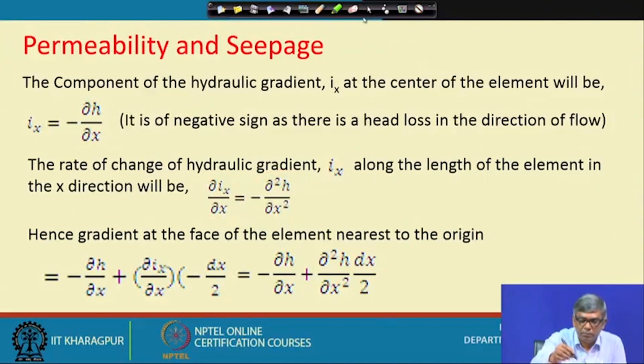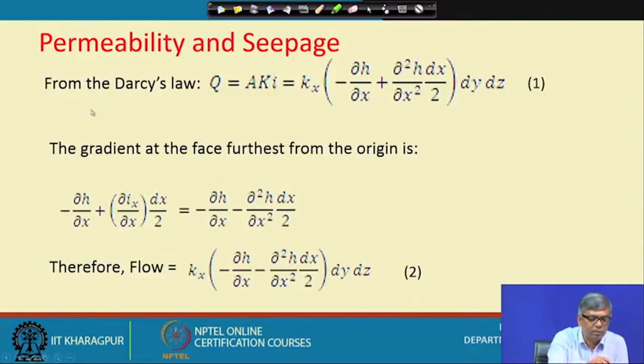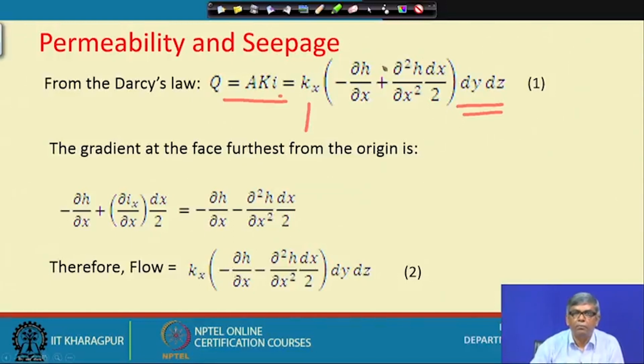Now similarly, from Darcy's law, q equals a k I, and when the flow is taking place in the x direction, the cross section is in y and z. So dy and dz is the area, k is there, and this is the I. So we have got the flow.